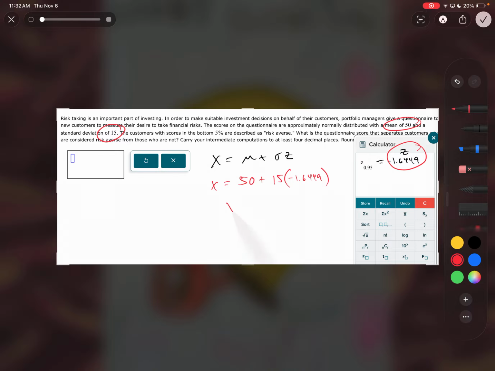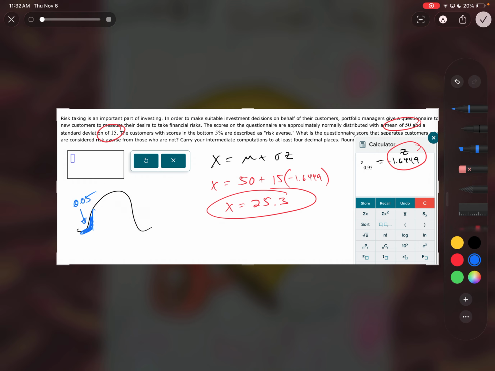This would be x equals 25.3, and that would be my answer. Again, it never hurts to draw it out real quick and say, okay, bottom 5%. That would be like down here. That's my bottom 5%.